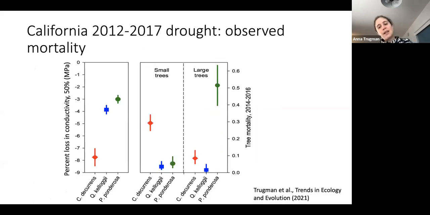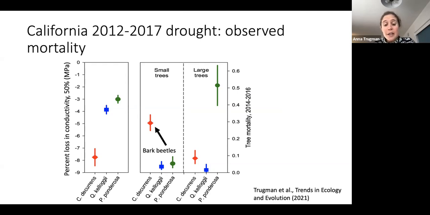But if you look at the observed mortality during the relatively recent drought in California, you can see that the incense cedar, which you would expect to be the least vulnerable to mortality, as small tree size classes died at the highest rate.